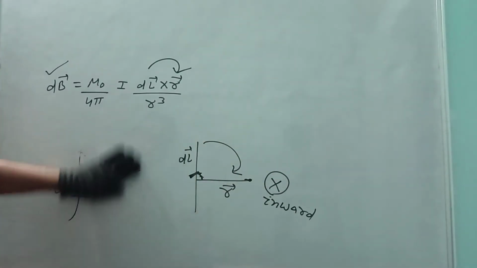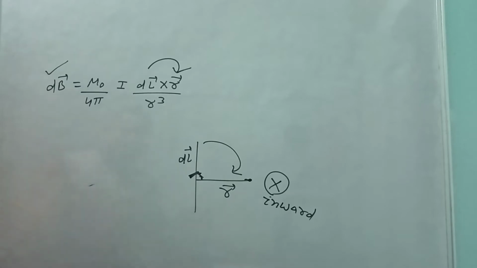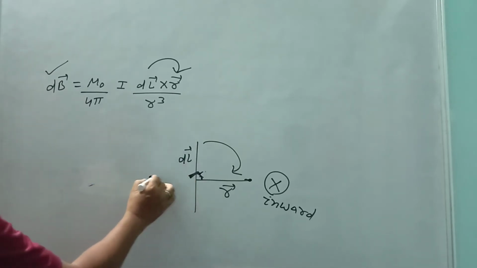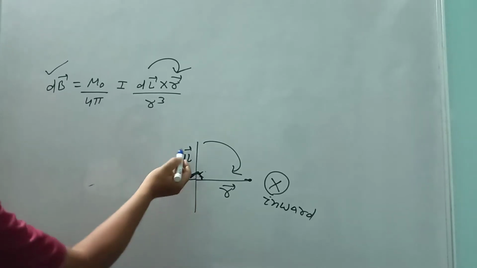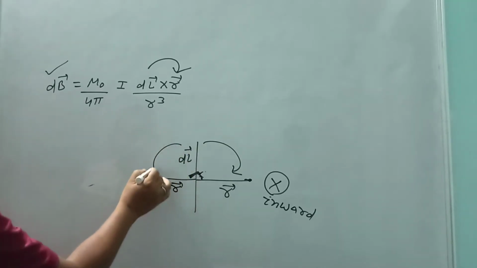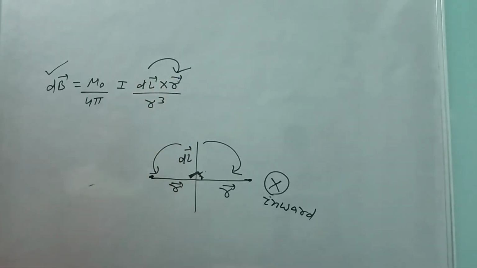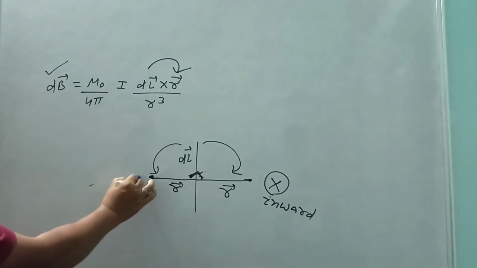Similarly, students, if the point is here, on the left side of this, you join, this is r vector. dl cross r means dl to r. Since this is anti-clockwise, your magnetic field is outward.